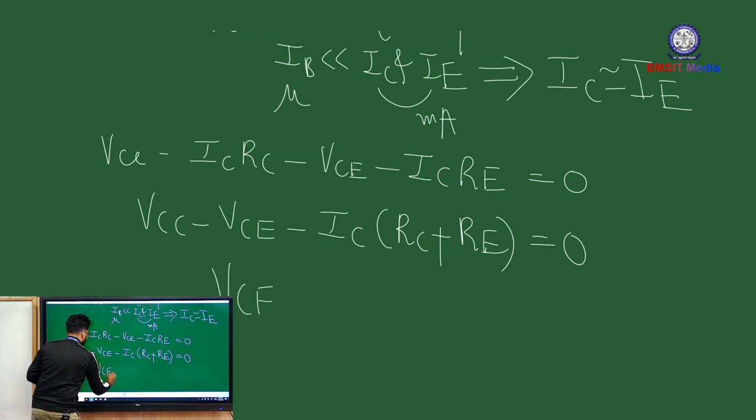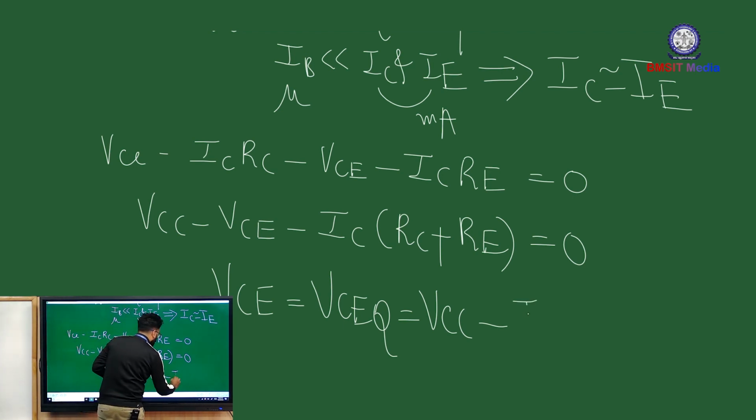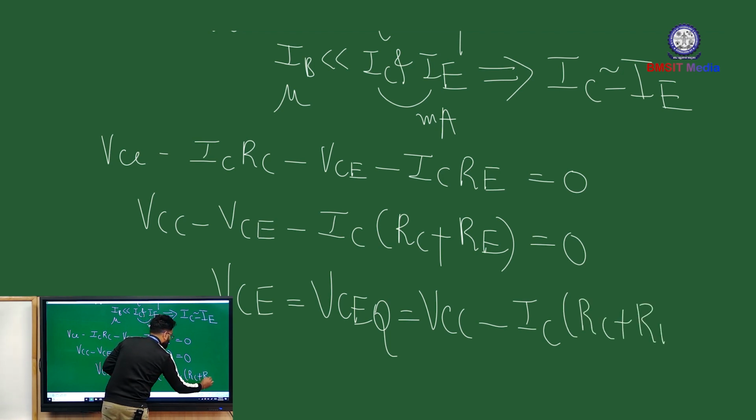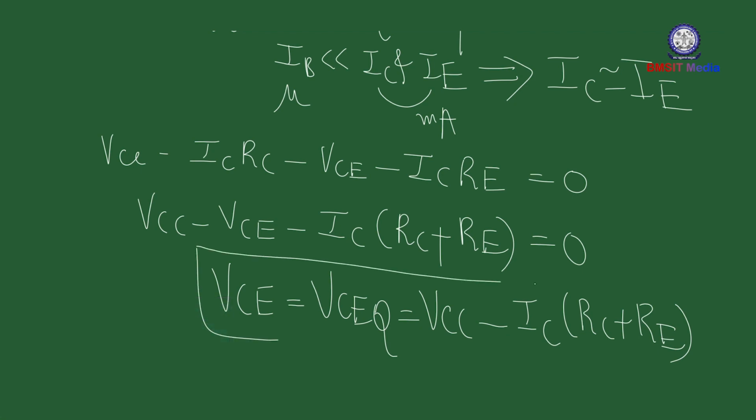So the value of VCE or VCEQ can be found by subtracting the potential drop from the power supply voltage. So VCC minus IC into RC plus RE gives the quiescent value of output voltage.